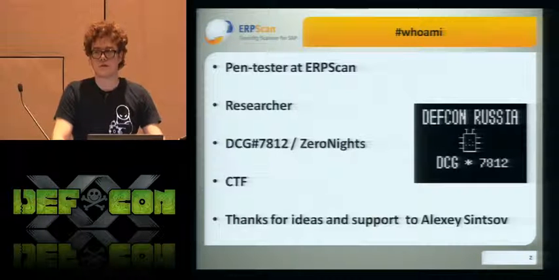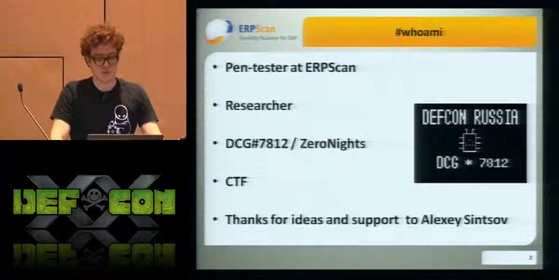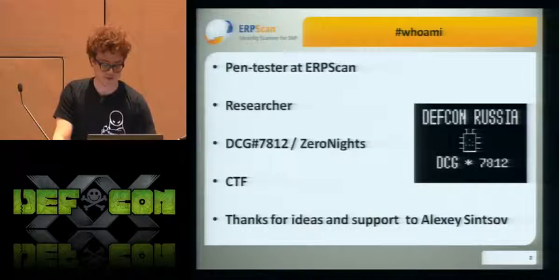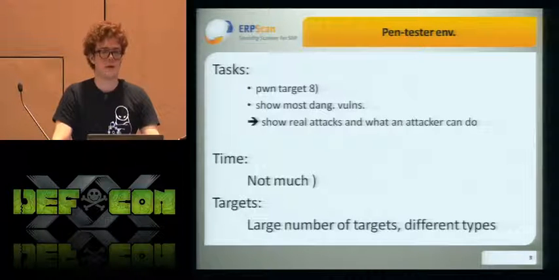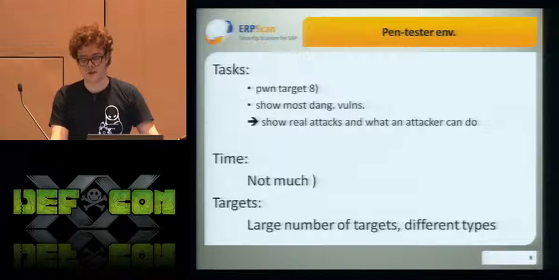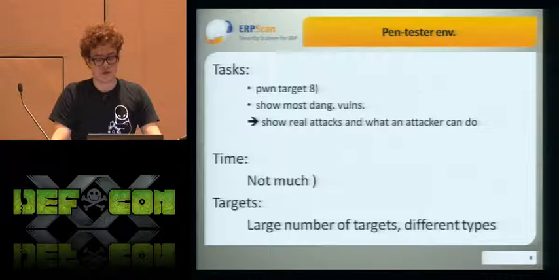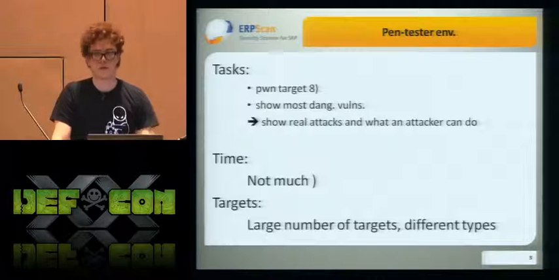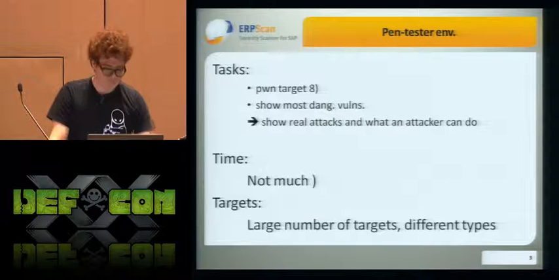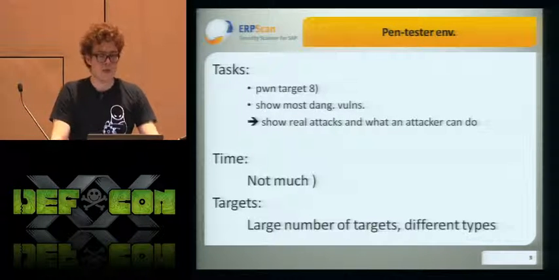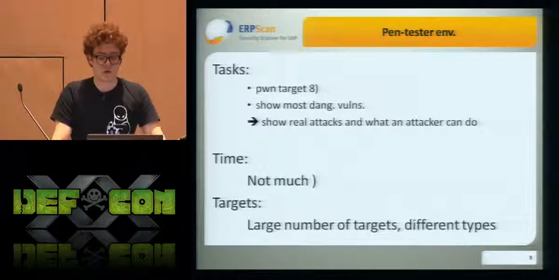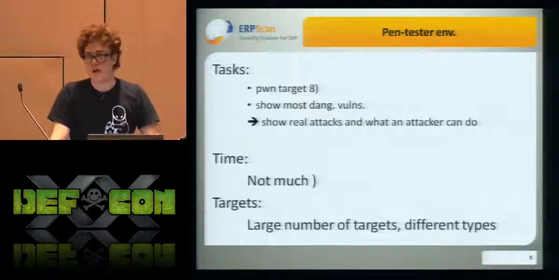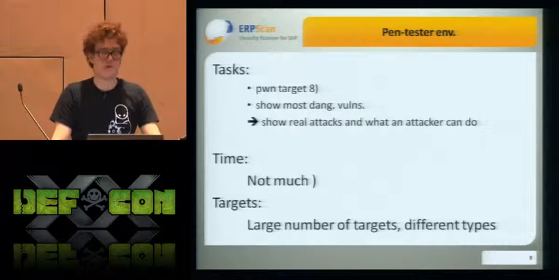But before we start talking about VMware, I would like to talk about pen tests in general. The main goal of a pen test is to show weak elements in infrastructure: how to hack a system, why we can hack it, and show how we can hack it. We usually have a large number of targets of different types, and unfortunately we usually don't have much time.